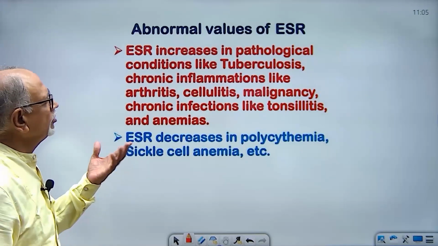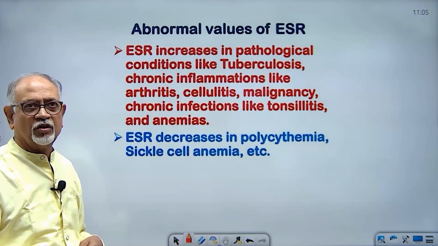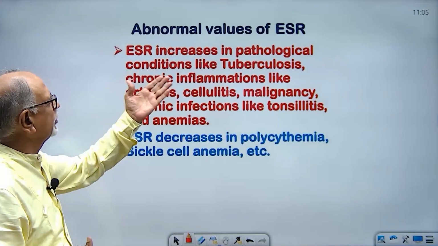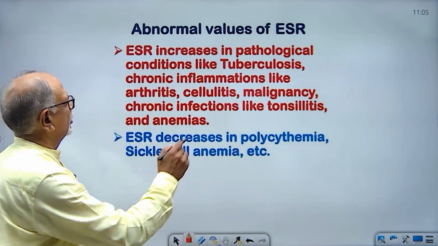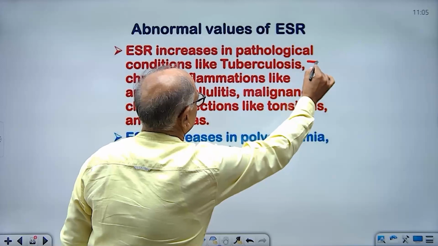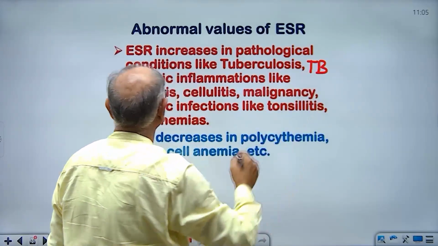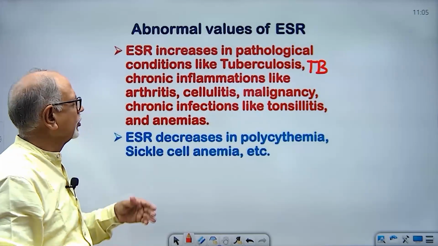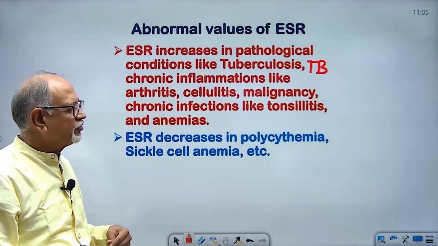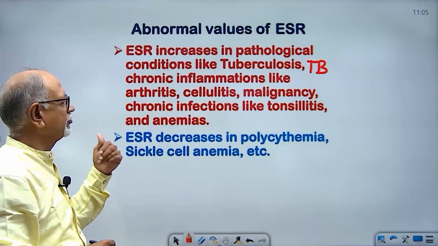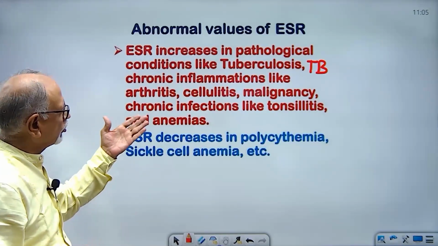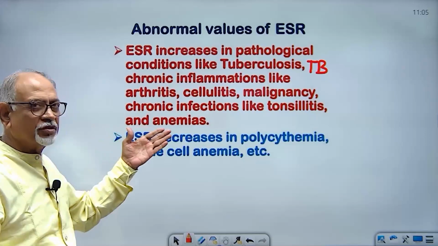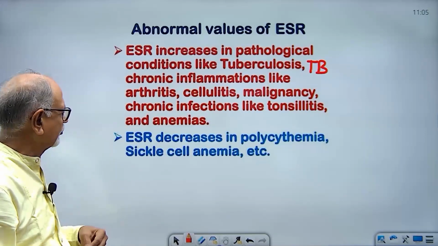Now, abnormal values of ESR, what they indicate. ESR increases in certain pathological conditions like tuberculosis, chronic inflammations like arthritis, cellulitis, malignancies, that is cancers, chronic infections like tonsillitis, and different types of anemias.